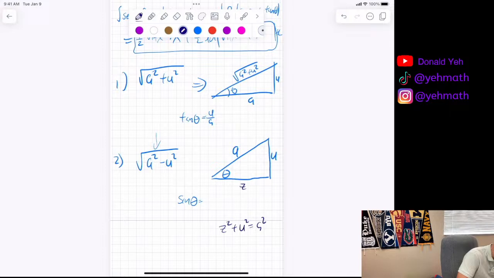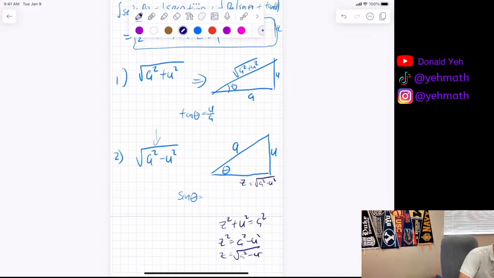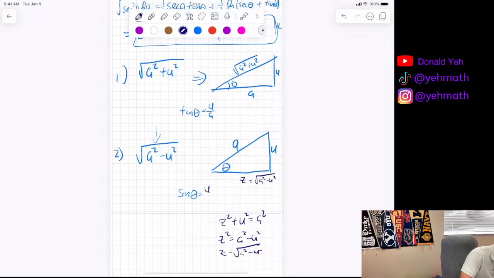Solving for z, z squared is a squared minus u squared, so z is the square root of a squared minus u squared. Does that make sense? The negative term has to be on one of the legs. So sine of theta is equal to u over a.